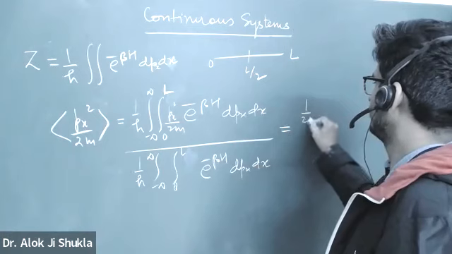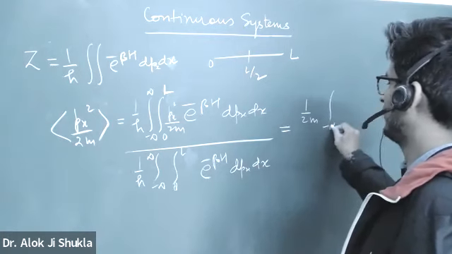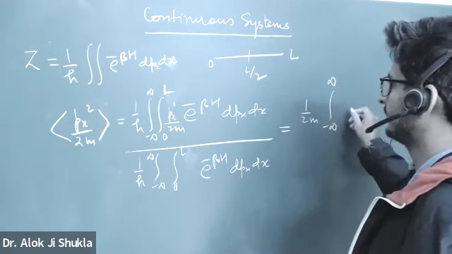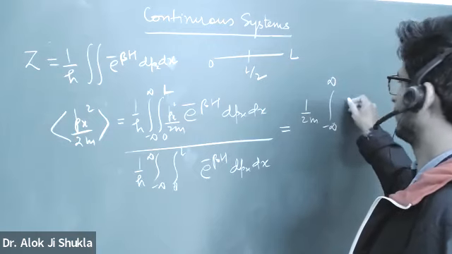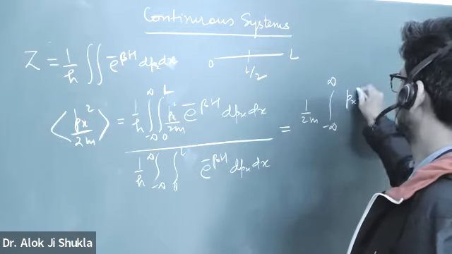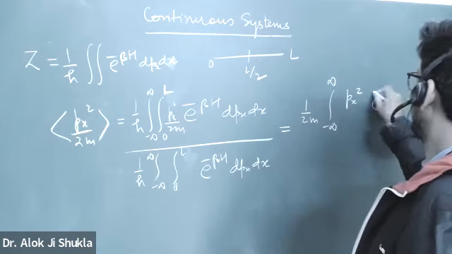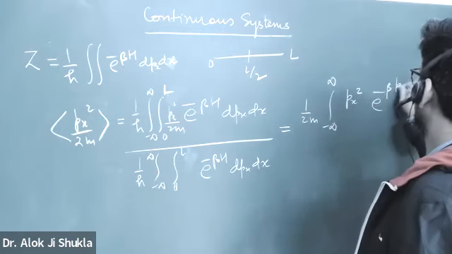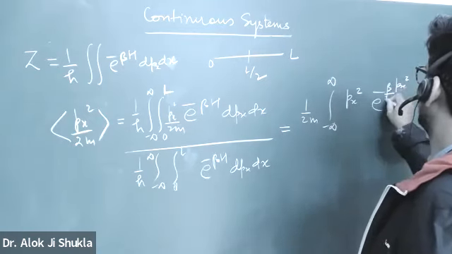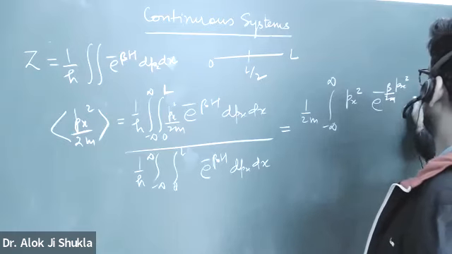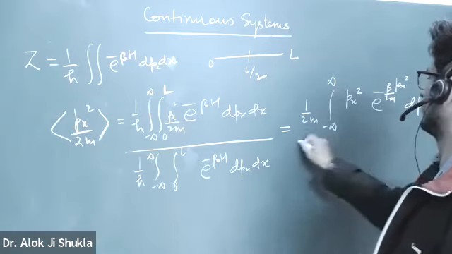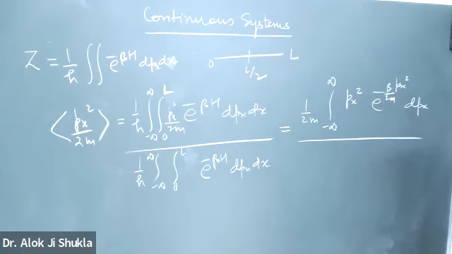1 by 2m integral minus infinity to plus infinity px square e to the power minus beta px square by 2m and dpx by, what is this?